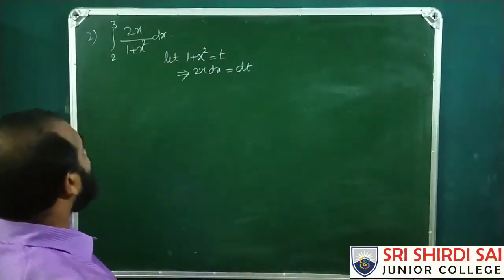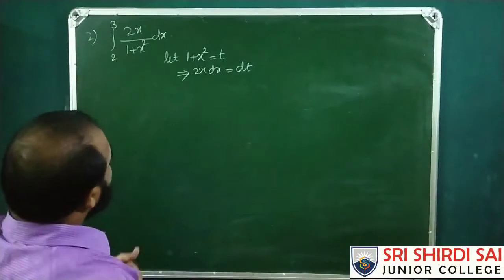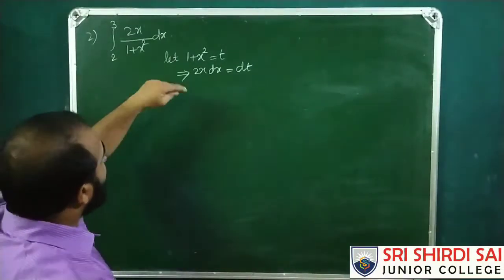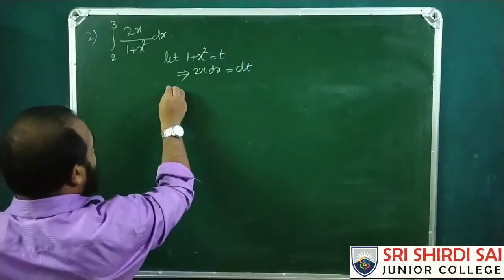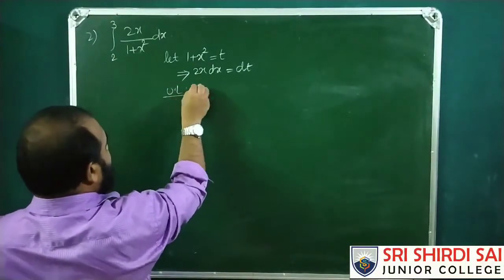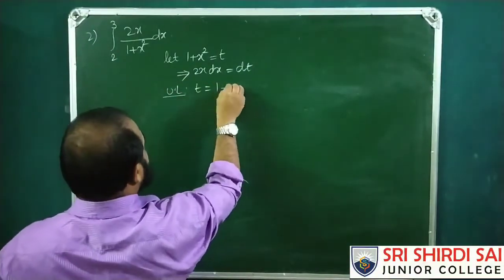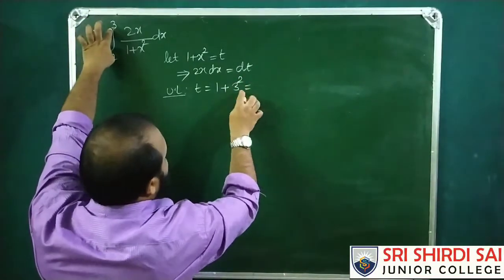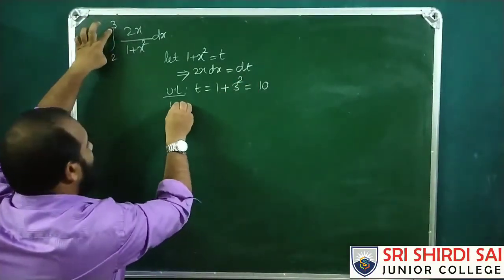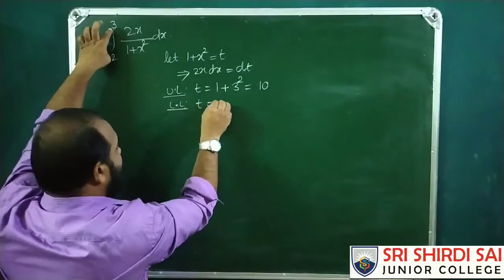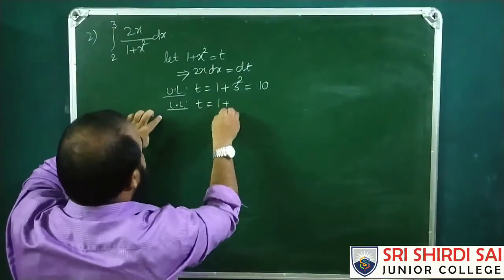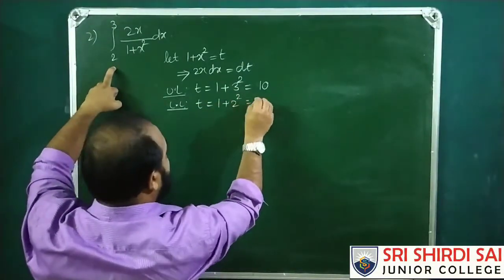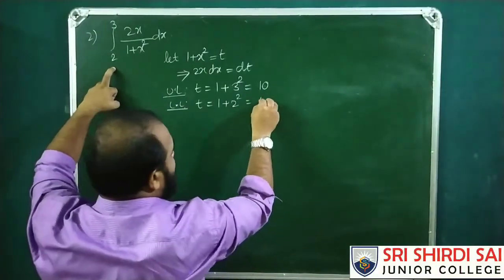So we need to evaluate the limits for t. Upper limit: t is equal to 1 plus 3 square, which is 10. Lower limit: t is equal to 1 plus 2 square, 4 plus 1, 5.